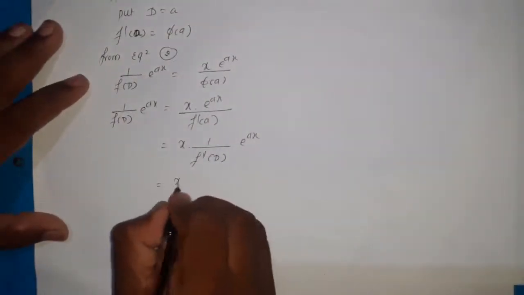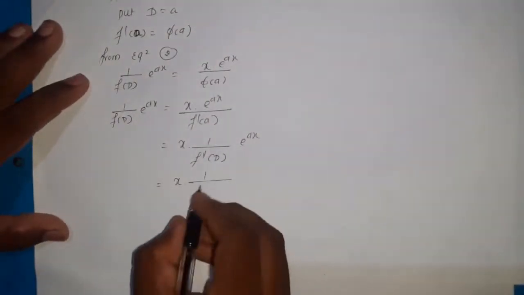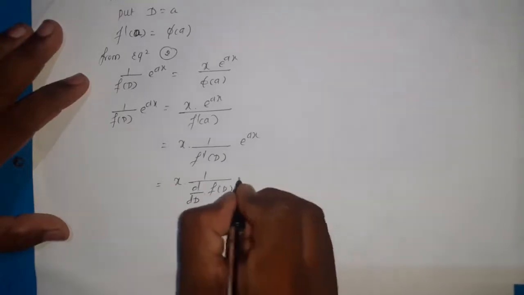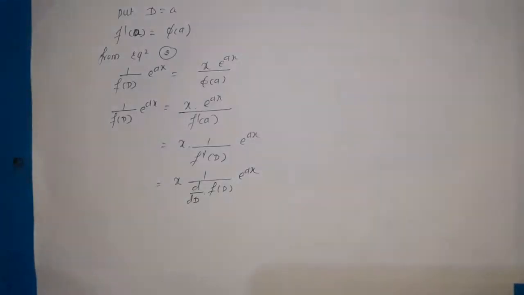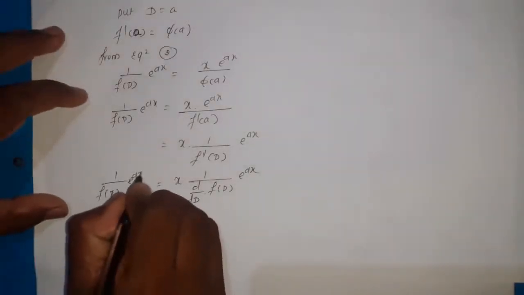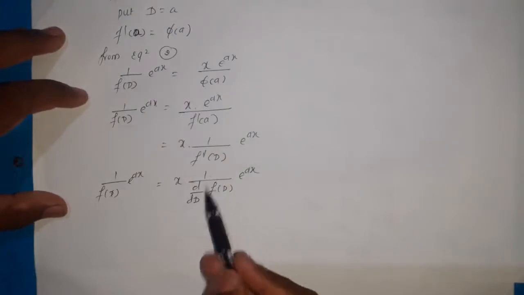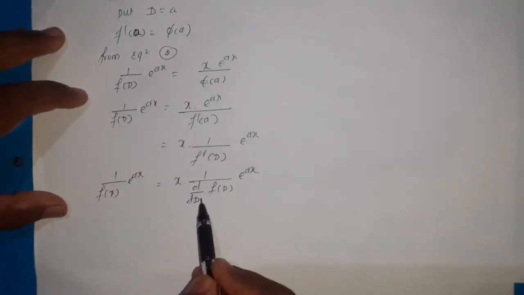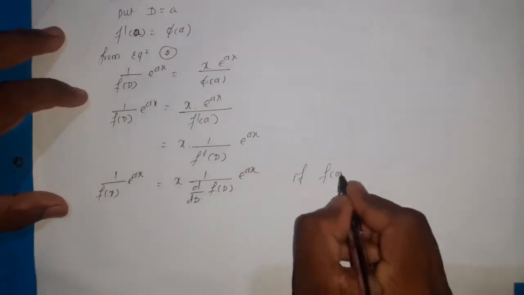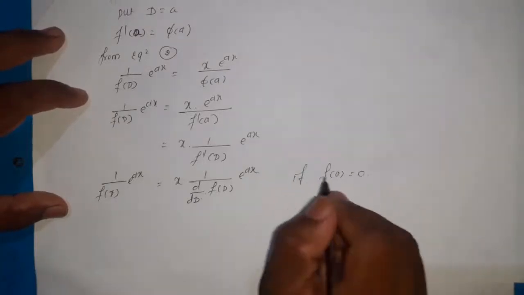Hence it is equal to x into 1 divided by d by dD of f of D e power x, that is the derivative of the function f of D. So 1 by f of D e power ax is equal to x into 1 divided by the differentiation of f of D e power ax, if f of a is equal to 0.